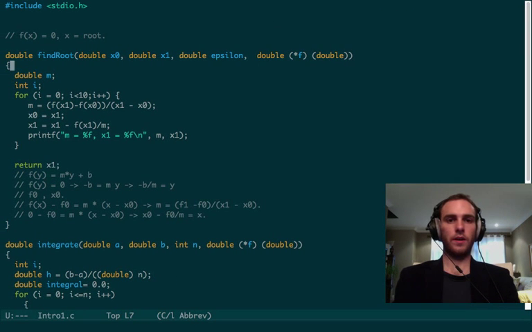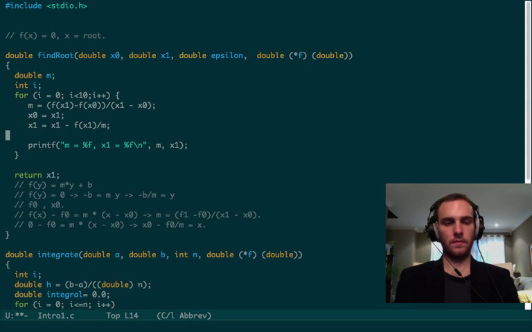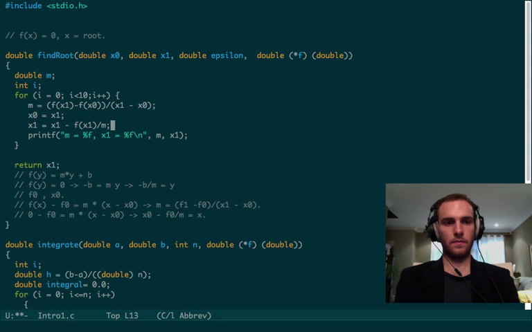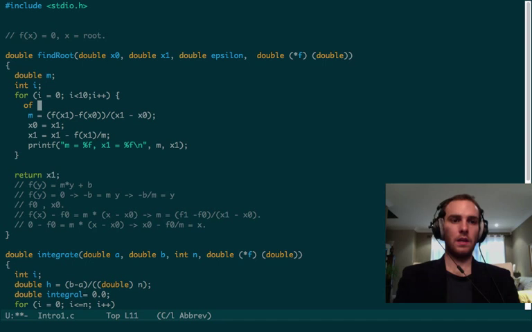Okay, so that's where the epsilon comes in, right? If x0 minus x1 times x0 minus x1.